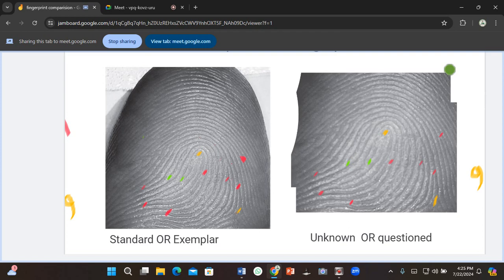Because fingerprint analysis or fingerprint examination is not an exact science, at times the result may be subjective. That is, one or two things can affect your result. For example, cognitive contamination can affect the result of a fingerprint examination.